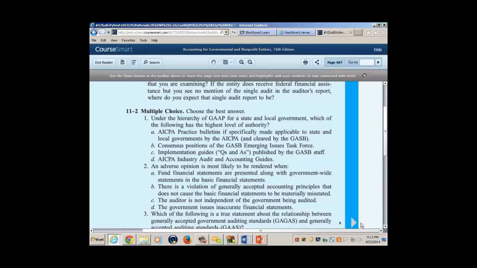This is the hierarchy question. No, you don't have to use the clickers for this. We're just going to go through. Okay. So, this is kind of a review. As you review the text, you'll see that there are basically, who issues the generally accepted auditing standards? Who's responsible for that?